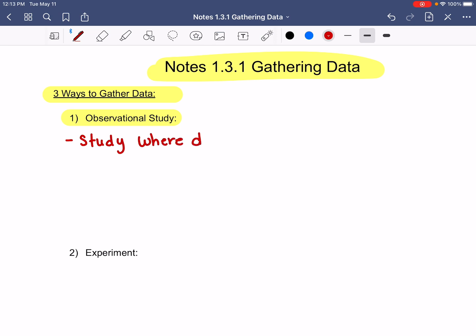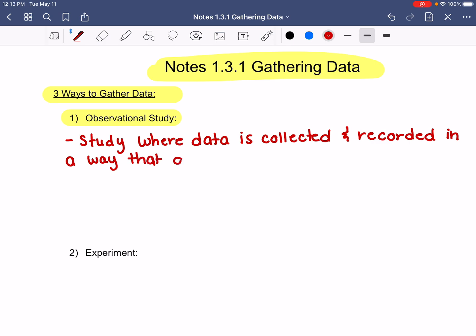where data is collected and recorded in a way that does not change the subject that is being measured or studied.